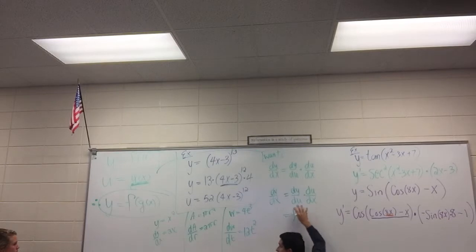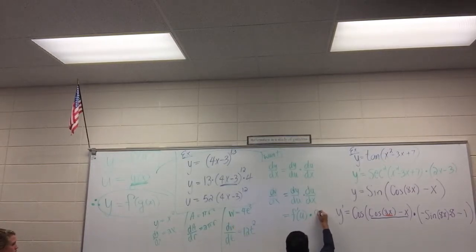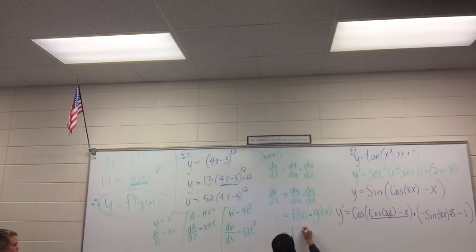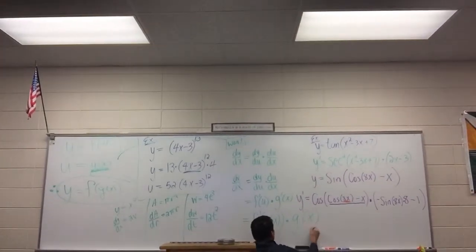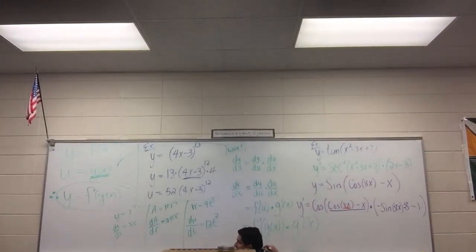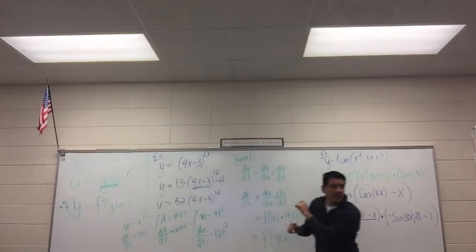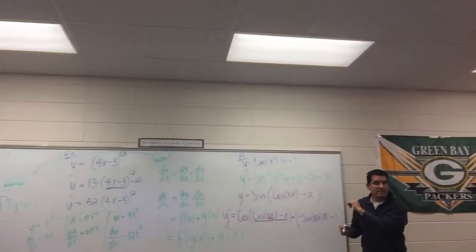That's the outside one, multiplied by the derivative of u with respect to x, which is g prime of x. And if you plug your u back in here, you get f prime of g of x multiplied by g prime of x. Did that make sense to anybody?